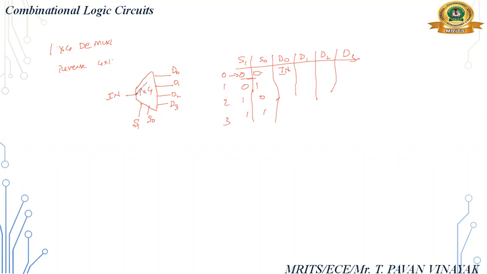So IN is connected to D0. Remaining all are zeros. Next 0, 1. 0, 1 means 1. So IN is connected to D1. So D1. Remaining all are zeros. Next D2.